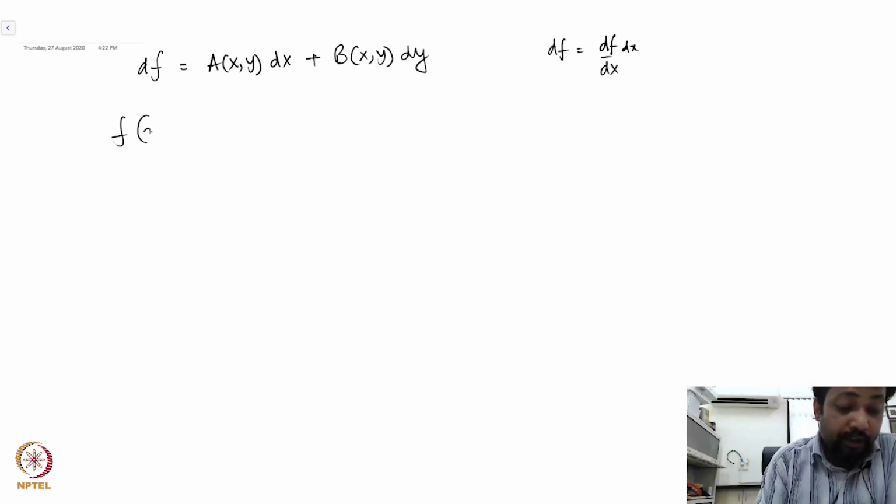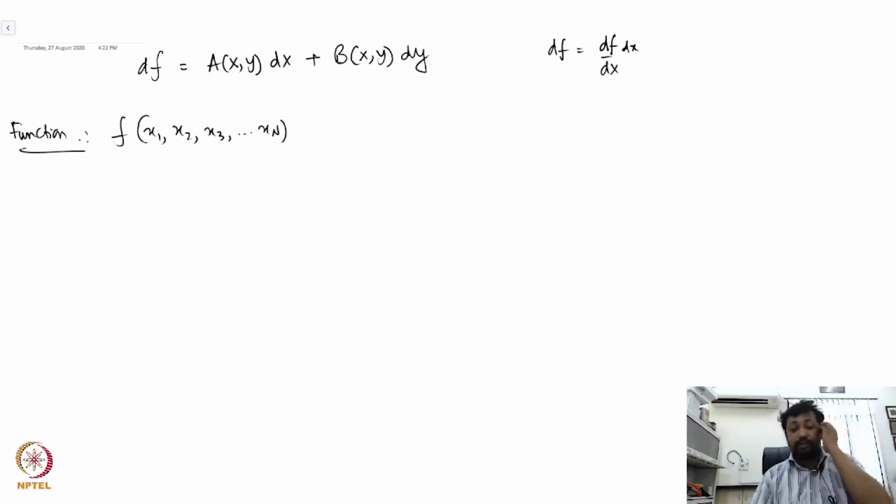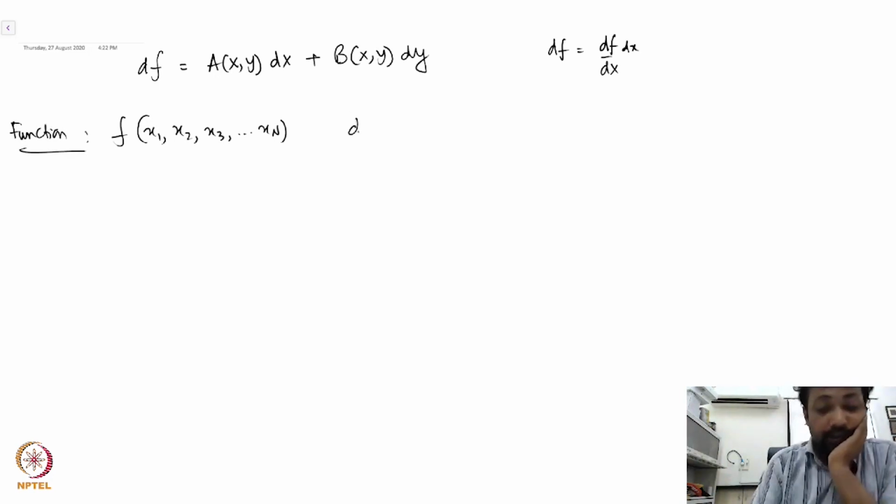So if I have a function which depends on x1, x2, x3, up to xn, then the total change in the function is the sum over i of ∂f/∂xi dxi.